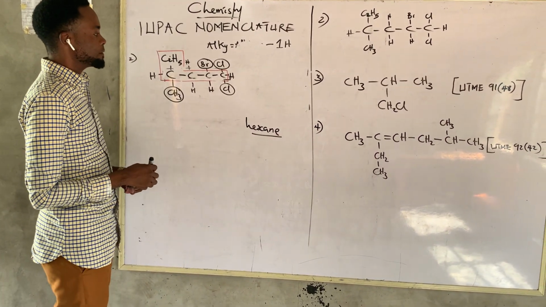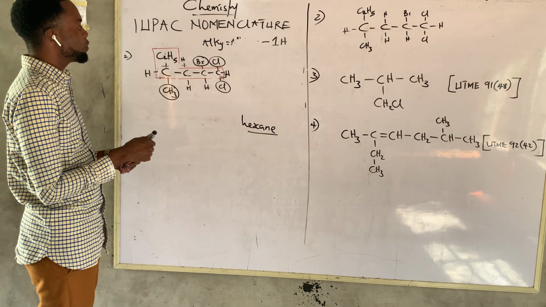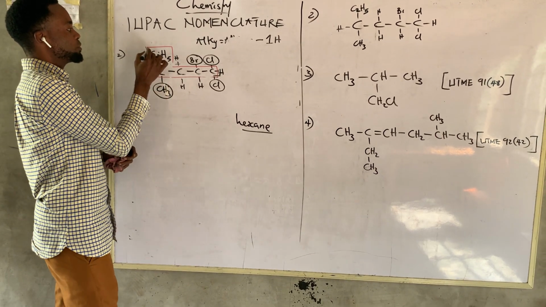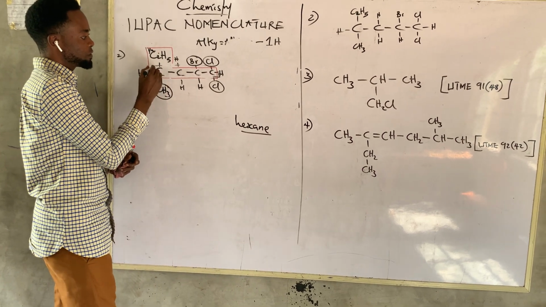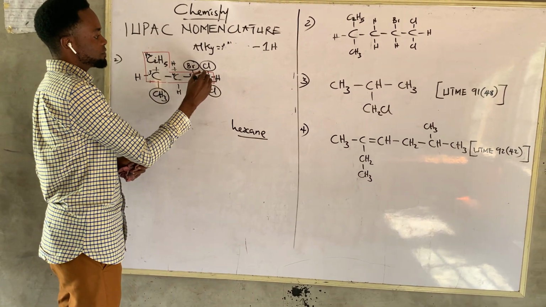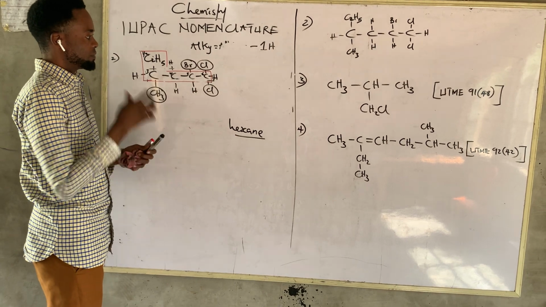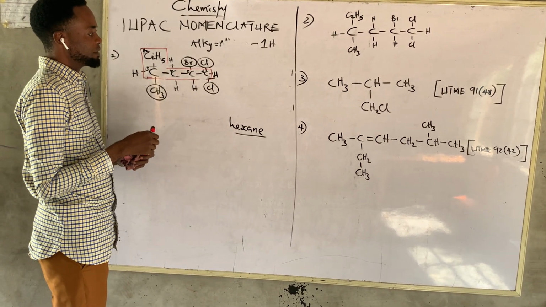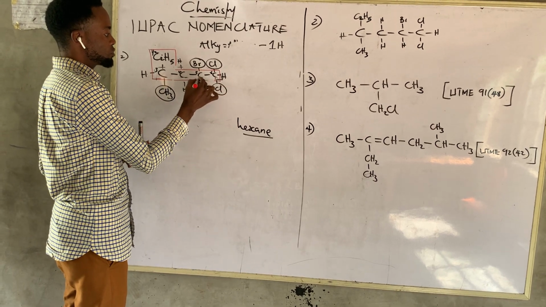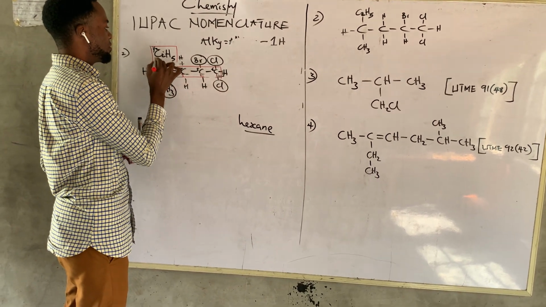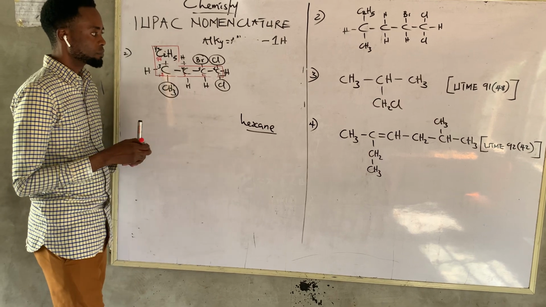So if I number with the black ink, I'm going to be having 1, 2, there are 2 carbons here, 1, 2, 3, 4, 5, 6. But if I number with the red ink, I'm going to be numbering 1, 2, 3, 4, 5, and 6.